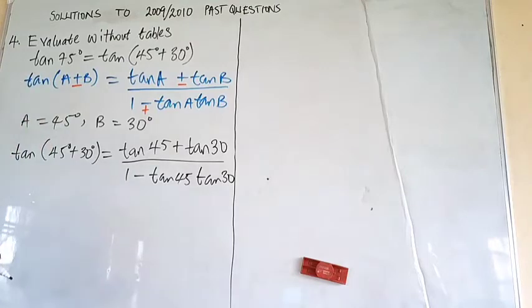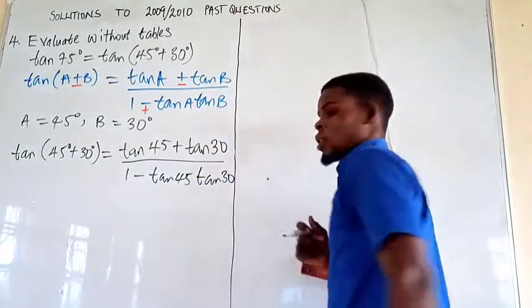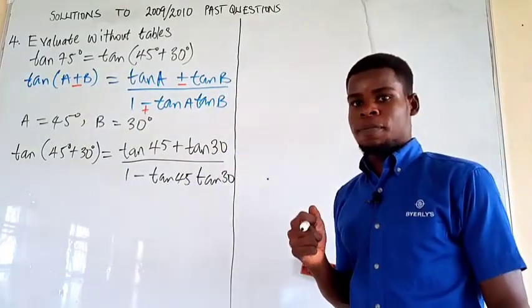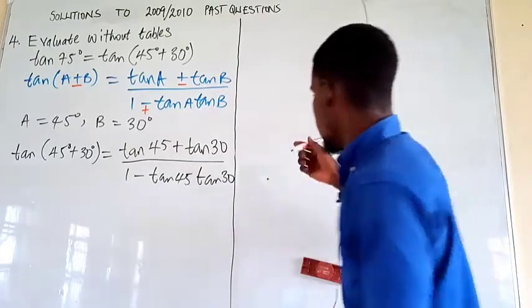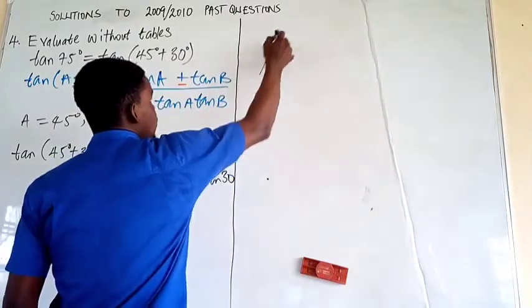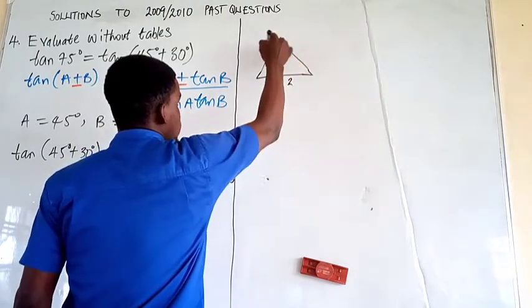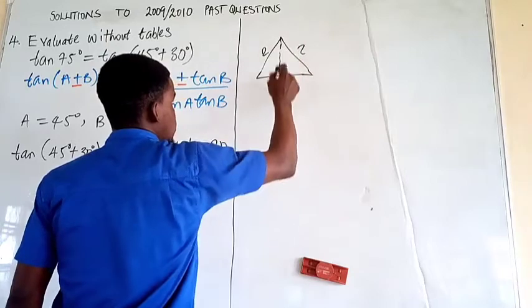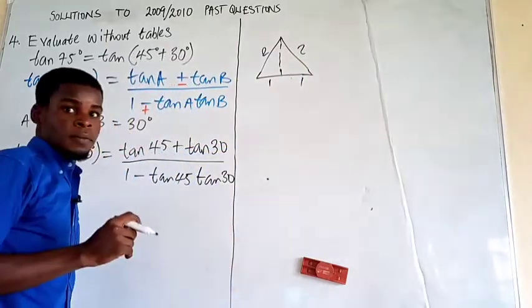Okay, so we need to know our tangent of 45 degrees and also our tangent of 30 degrees. For a little reminder, let me check them out. When we have an equilateral triangle where the length of all sides is 2, let's divide this into 2 equal parts, so this is going to be 1 and 1.